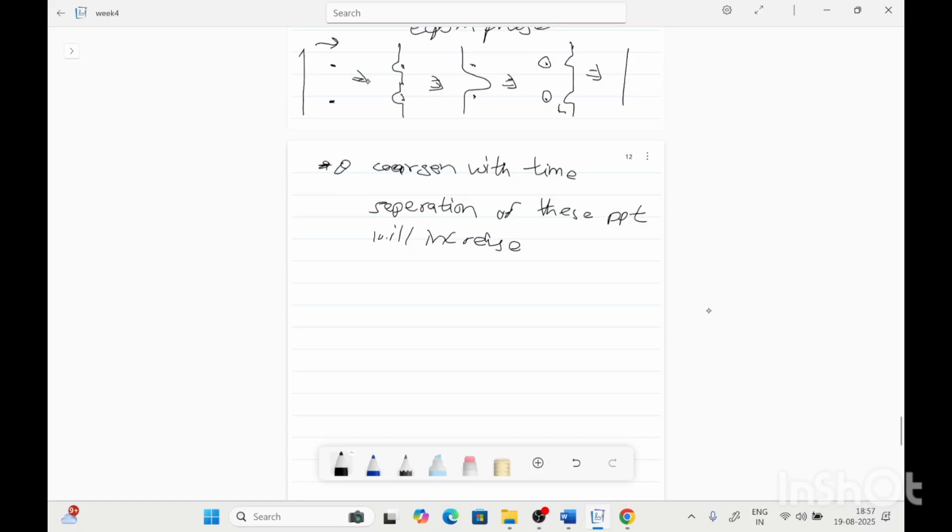When there is an optimum distance between these two precipitates, the stress required to bend a dislocation in this previous condition is given as tau equals GB by 2R. G is the modulus, B is the Burgers vector, and R is the distance between precipitates. 2R is the complete distance.